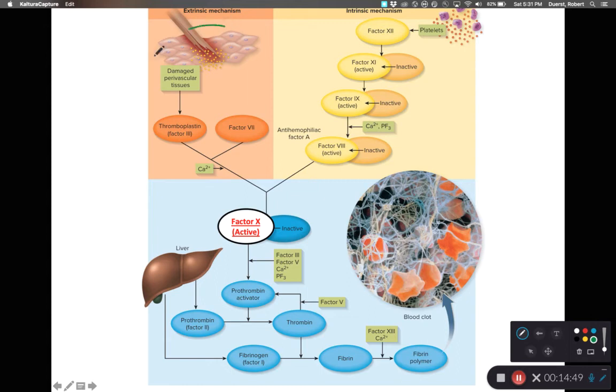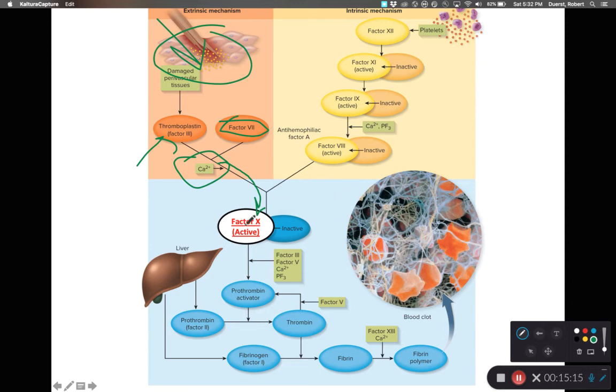So let's look at them in more detail. We have our extrinsic pathway right here. We have some kind of foreign object damaging the tissues. And that's going to cause factor 3 and factor 7 to interact with each other. And then calcium ions in the bloodstream are going to cause those two factors to activate factor 5.